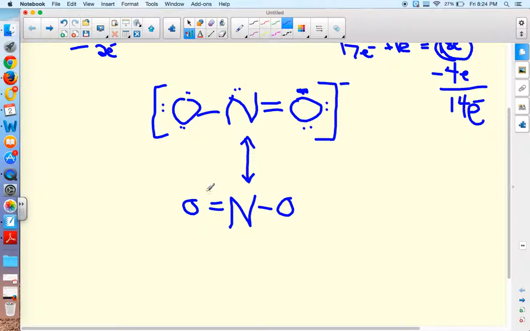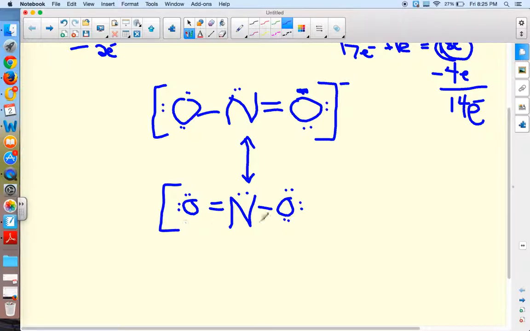I just need to think about, okay, if the double bond's here, that means this oxygen only has 2 pairs of electrons because it's fulfilling the octet rule. There's 2, 4, 6, 8. The nitrogen, remember that pair has to be up here because now it has 2, 4, 6, 8. And then the oxygen has the other 6 electrons.